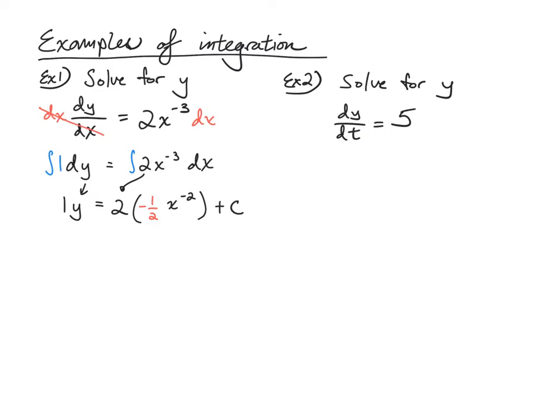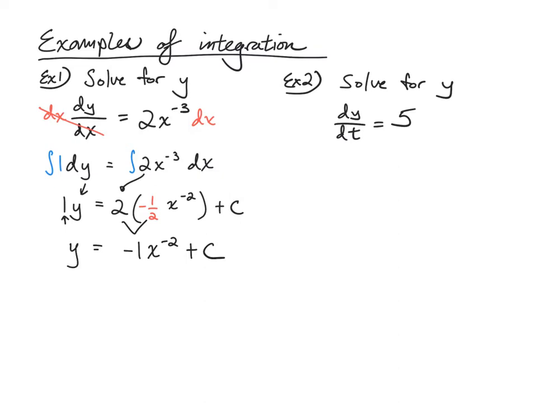From here, all I have to do is simplify this multiplication. 2 times negative 1/2 is just negative 1. x to the negative 2 power plus c equals, we don't have to write this 1 here, so on the left side we can just say y.